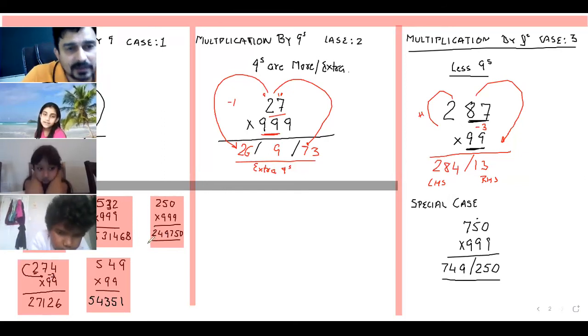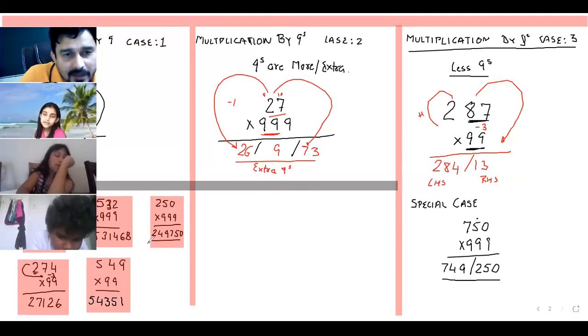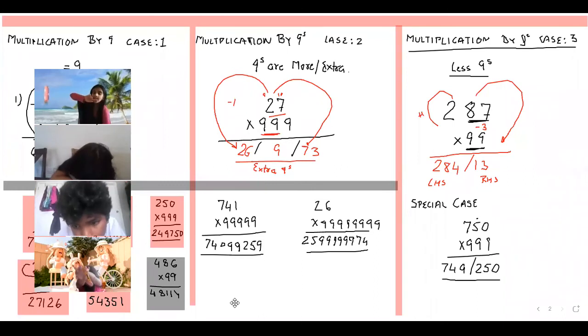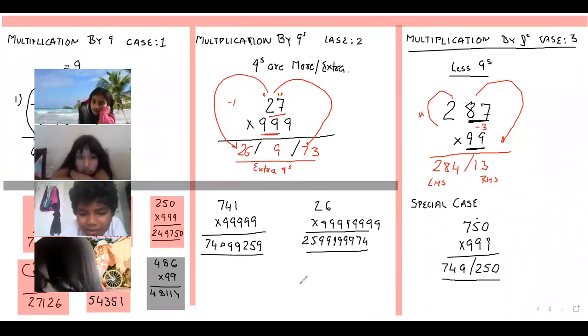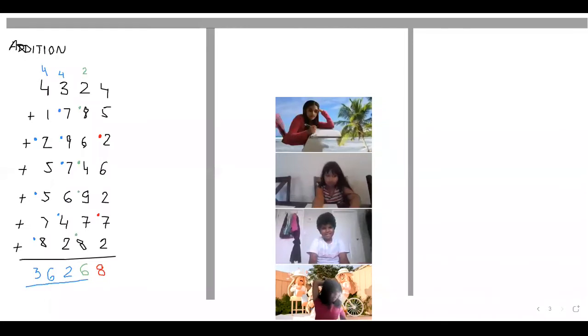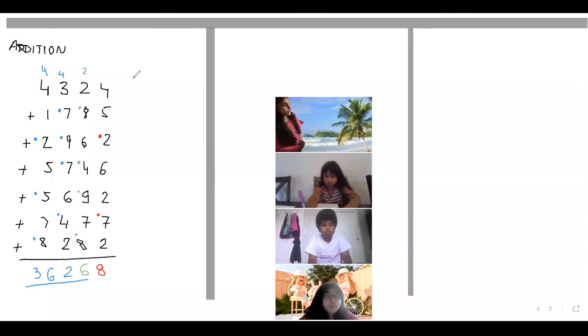Nandini, what happened? Kya hua beta? I don't remember the technique. Kapil sir, isn't it easy to just do 4 plus 9 plus 2 plus 6?